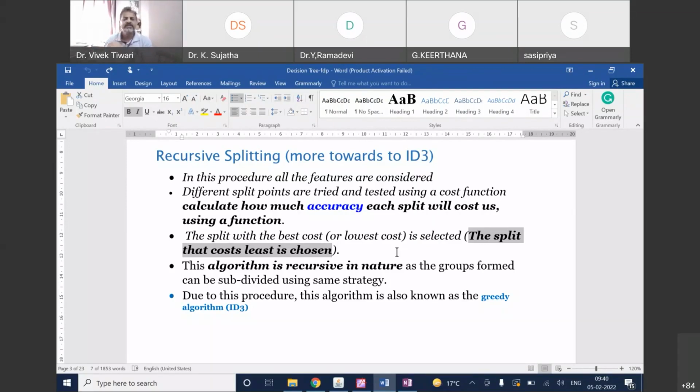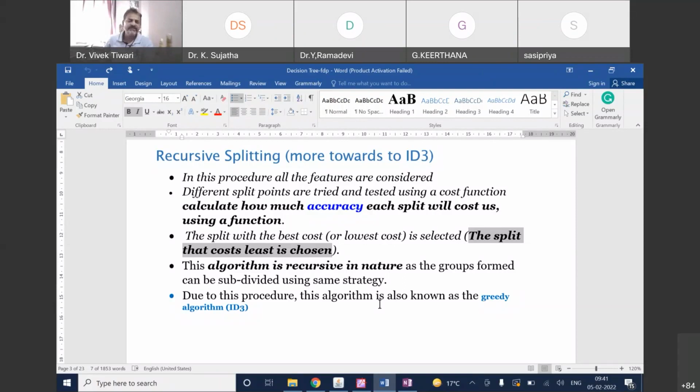Conceptually, this is all about the fundamental methodology and idea on which almost all decision tree algorithms work. Different algorithms differ based on the type of cost function they use.